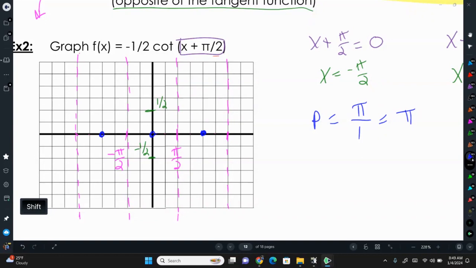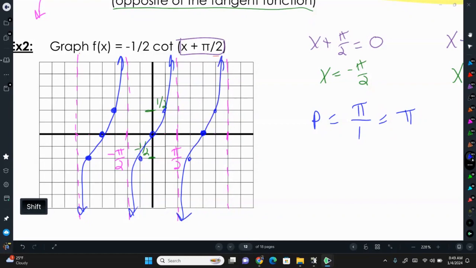And then, again, because it's negative cotangent, at the first quarter point, we're going to be at the negative, I call it amplitude, but it's really not the correct term, our negative a value, and then positive a value. So it's going to go up and look like a tangent function. Okay. And then here and here, it's also going to look like a tangent function.